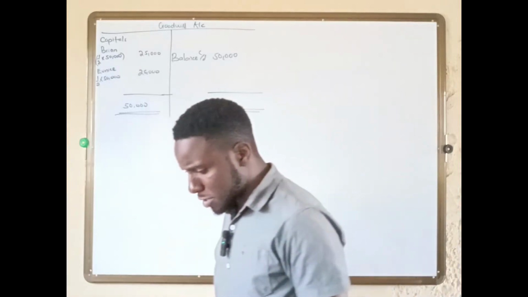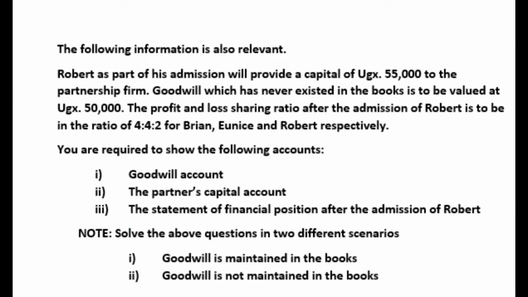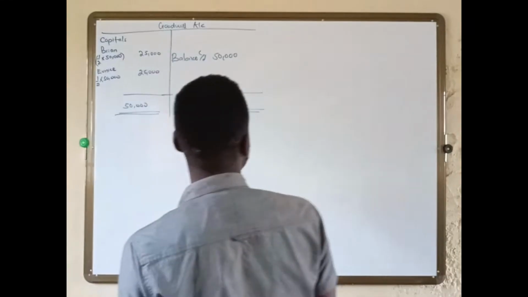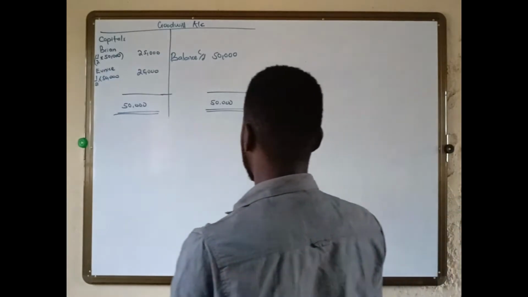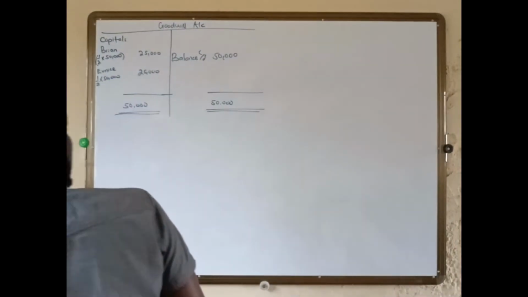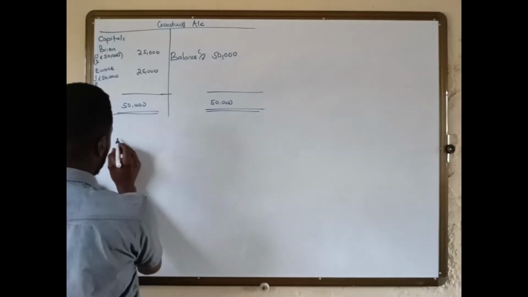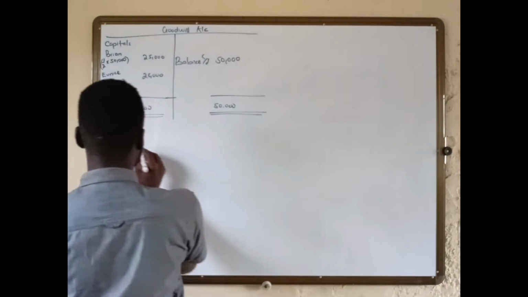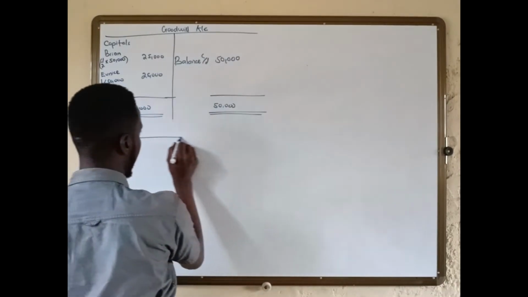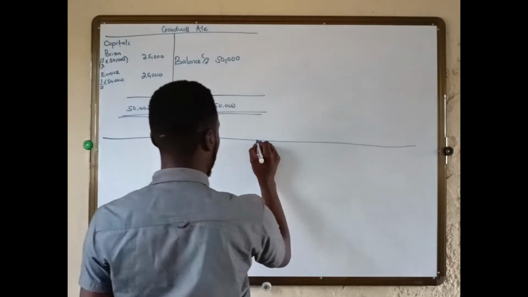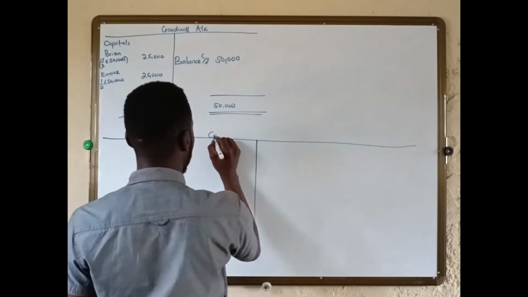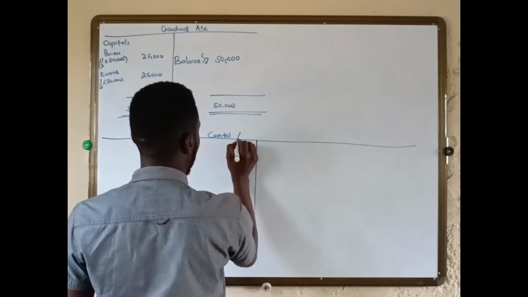Then they told us to draw up the capital accounts of the partners. So let me rub off this, and I draw up the capital accounts down here. Of course, we have here our capital accounts.